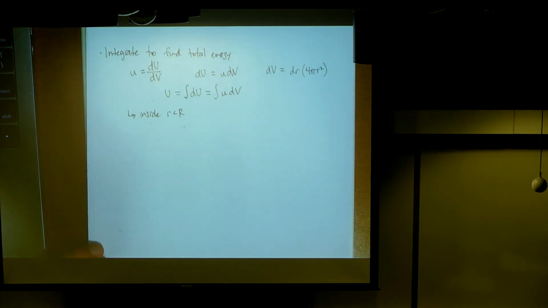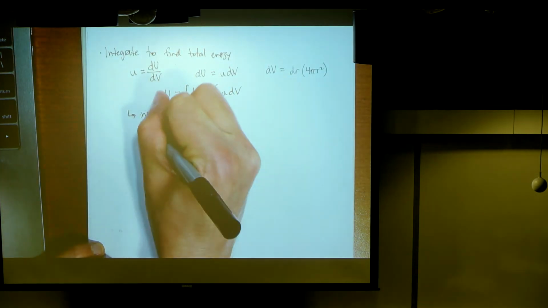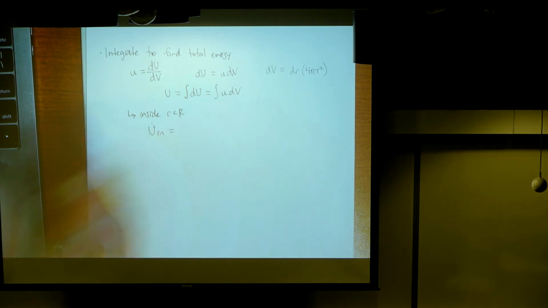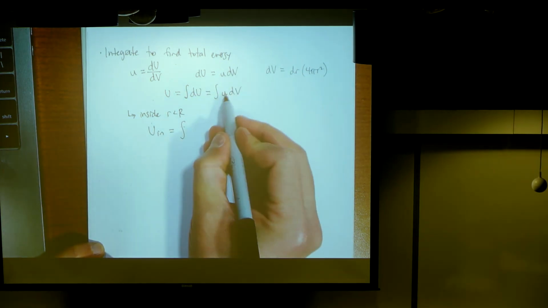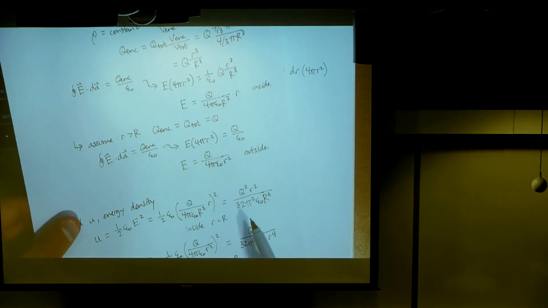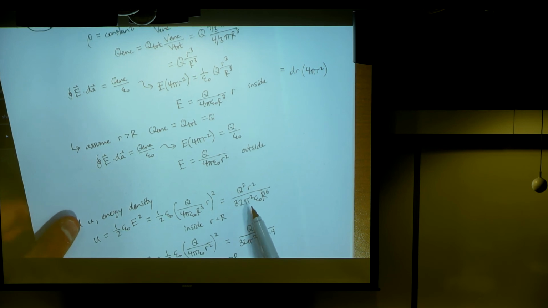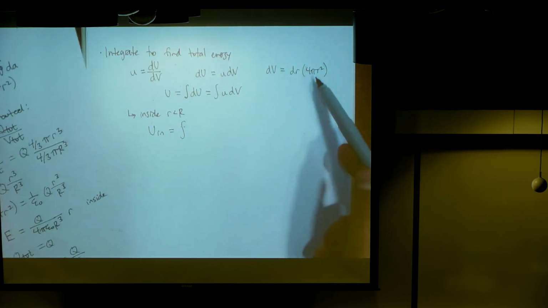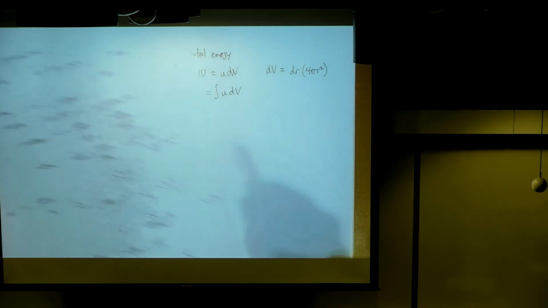Okay, so our inside expression, I'll write this as U inside, is the integral of energy density times dV. Remember, this is our energy density expression right here. I'm just going to pop that in. And then this is our dV expression. I'm going to pop that in as well.